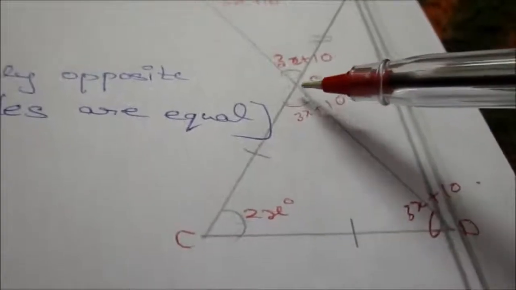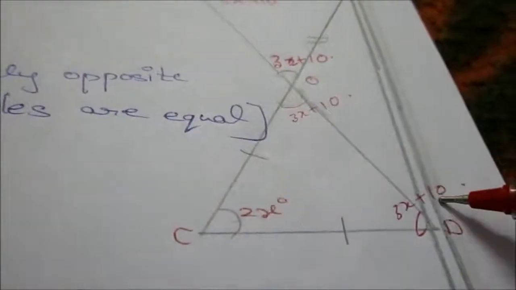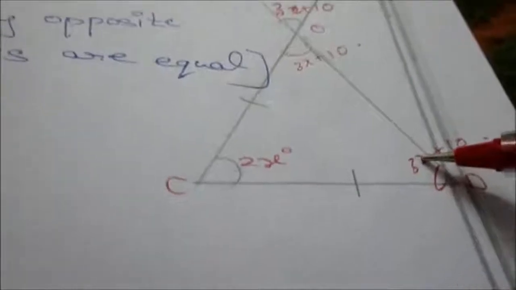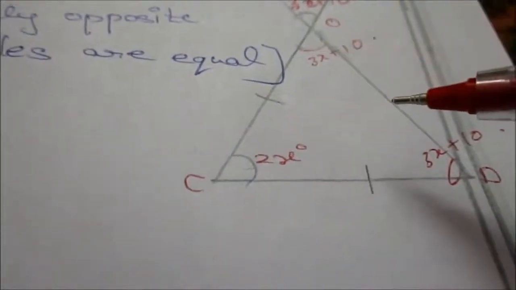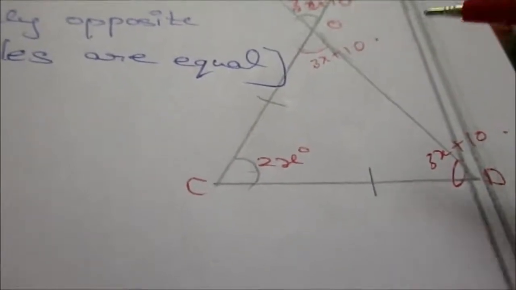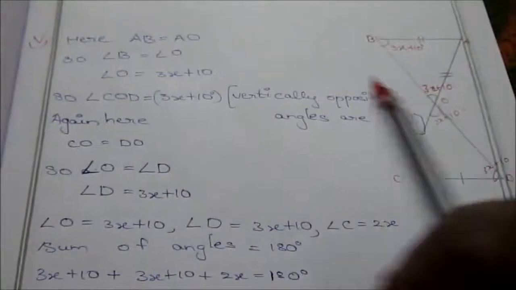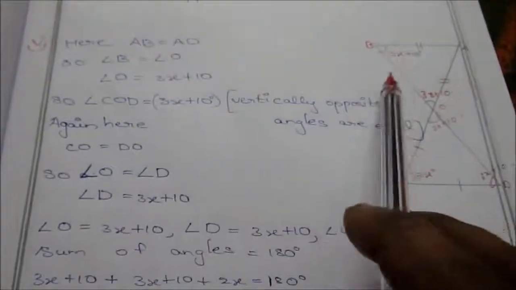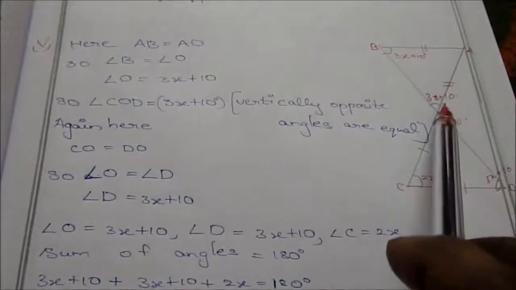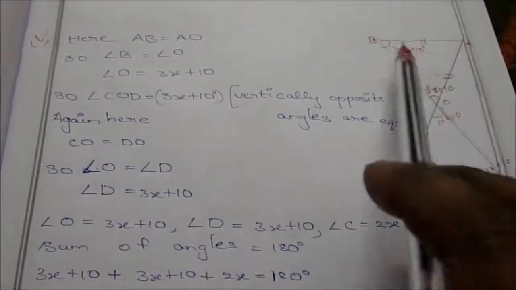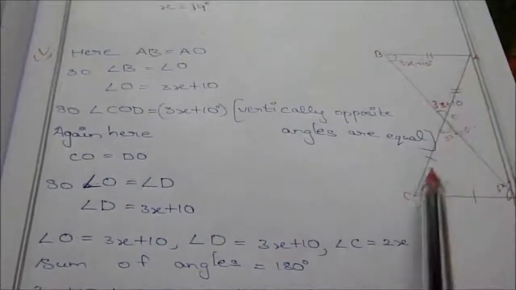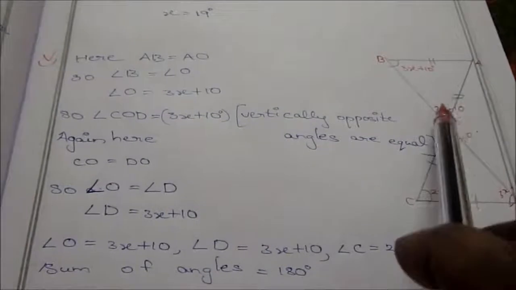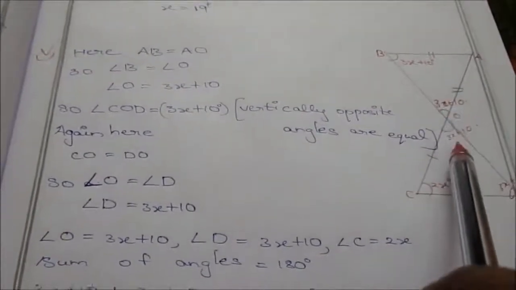Now by using this triangle OCD, we know three angles. Here we use the sum of all interior angles equal to 180 degrees. So here AB equals AO, so definitely angle B equals angle O. And again, angle BOA and angle COD are vertically opposite angles, so these two angles are also equal.